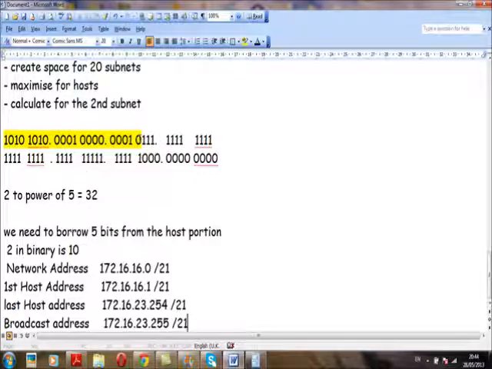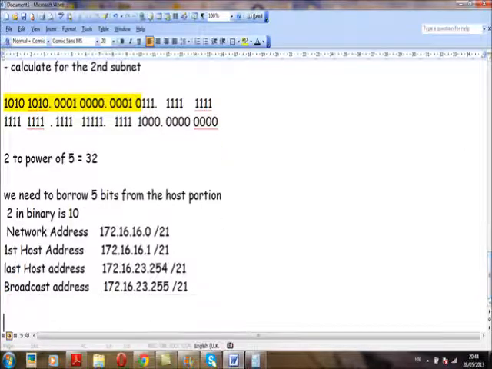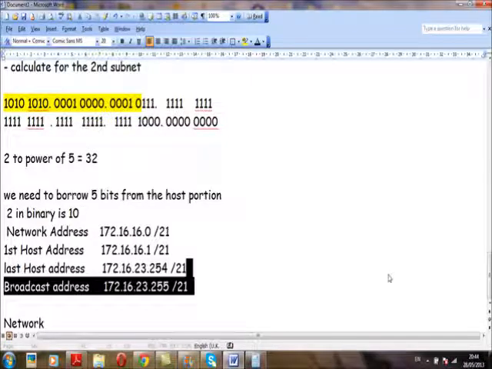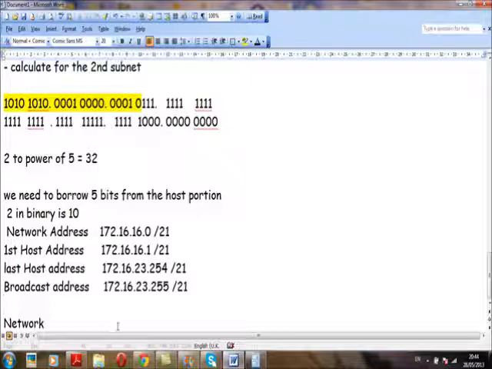For example, if you set this one to 1, where you see the cursor, and then the rest to 0, that would be the second network. And if you set that one to 1, that would be an 8, and that would be 16. So it's 24. So the network address for the third network, is it the third network? It is, yeah. Second network, yeah, sorry, you're right.